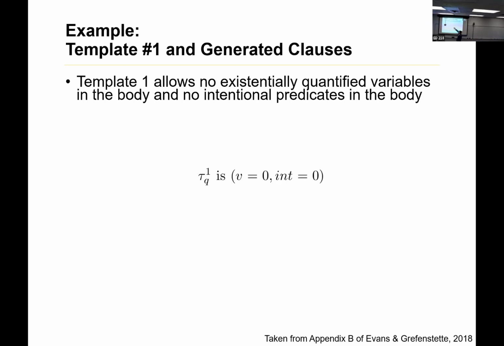They have tau, and they say v is 0, and int, for intensional predicate, is also 0, and Q is the target predicate. That superscript is just an index, meaning that this is the first template. In this paper, they limit it to only two templates.